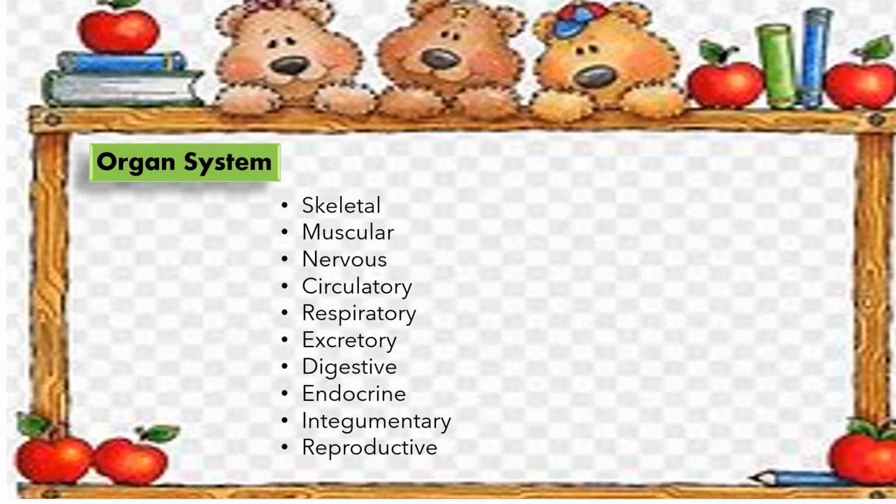So the last one, we have the immune system. When we say immune system, this provides immunity to disease. We have to fight. We have to boost our immune system to fight disease or any diseases.